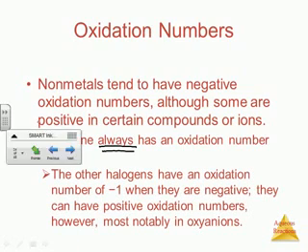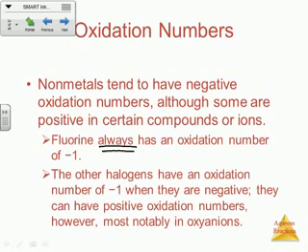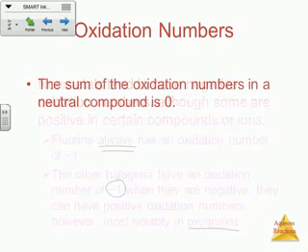Now the other halogens, when they get combined with oxygen in oxyanions, can have positive oxidation numbers. Typically, the other halogens are going to be -1, but fluorine's the only one that's actually going to take electrons away from oxygen. Oxygen will take electrons away from any of the other halogens, and so they're going to have positive oxidation numbers there.